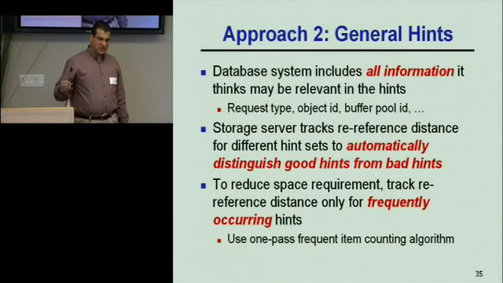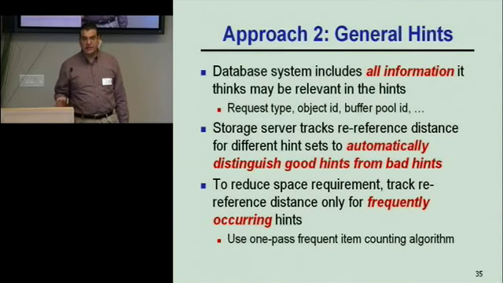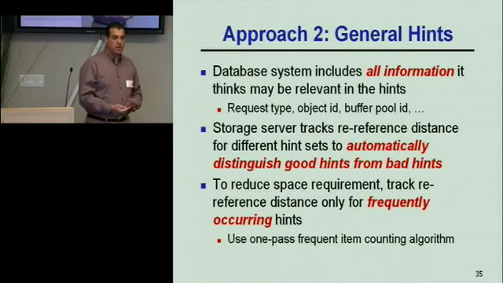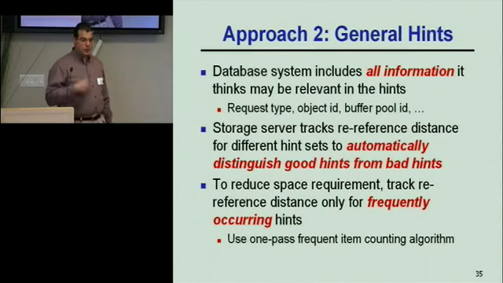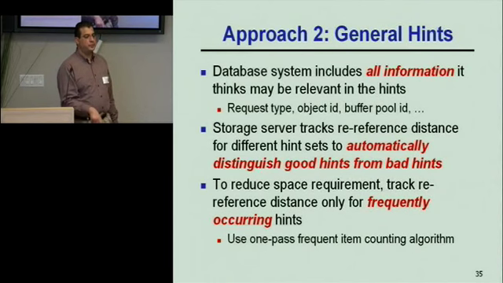Okay? So for a database system, it can definitely tell us whether the request type is a read, a write, and if it's a write, whether it's a replacement write or a recovery write. But it can also tell us which table is being accessed, which buffer pool this page is going to go into, all kinds of information about this I/O request that can be relevant for caching at the storage server.